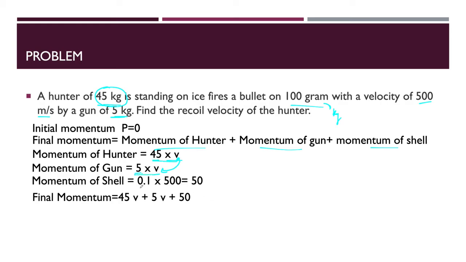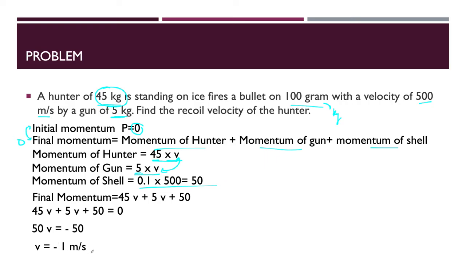Already we know that the action and reaction forces are the same. So if the initial momentum is 0, the final momentum will also be 0. So what will be the amount of V? V will be minus 1 meter per second.